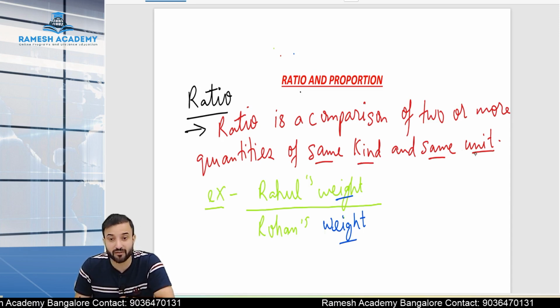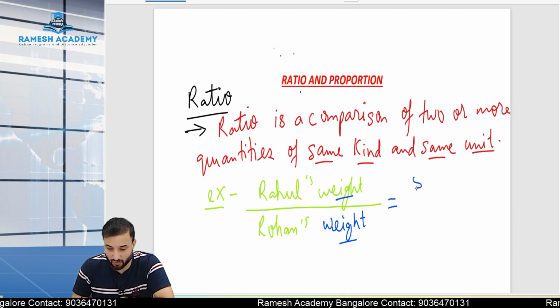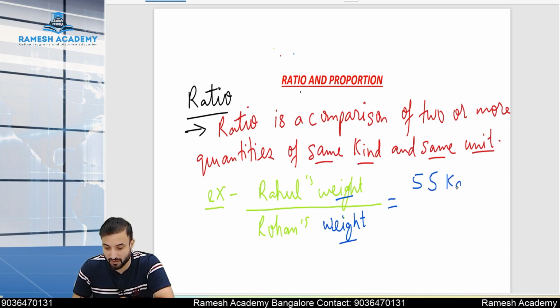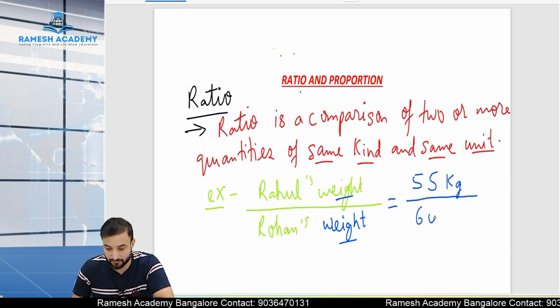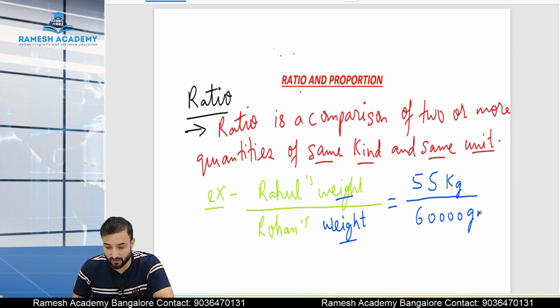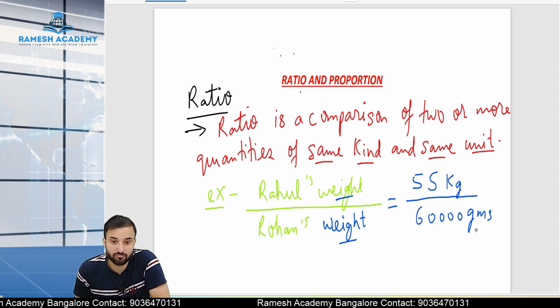And next we'll understand the same unit. Same unit means, suppose I take Rahul's weight as 55 kg and Rohan's weight as 60,000 grams. Now, is it possible to compare?